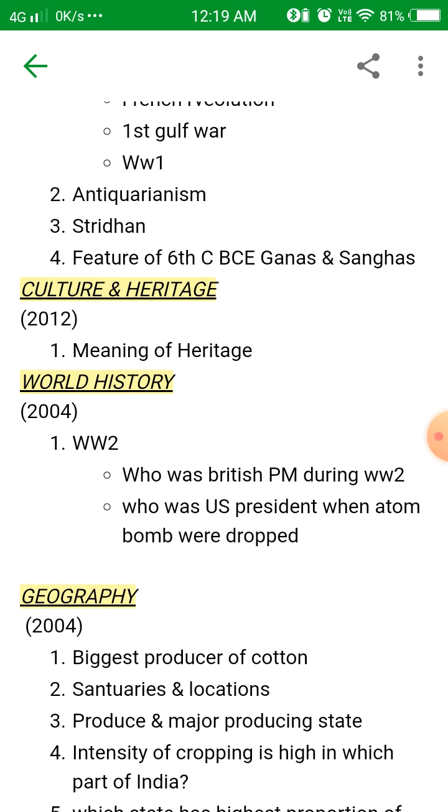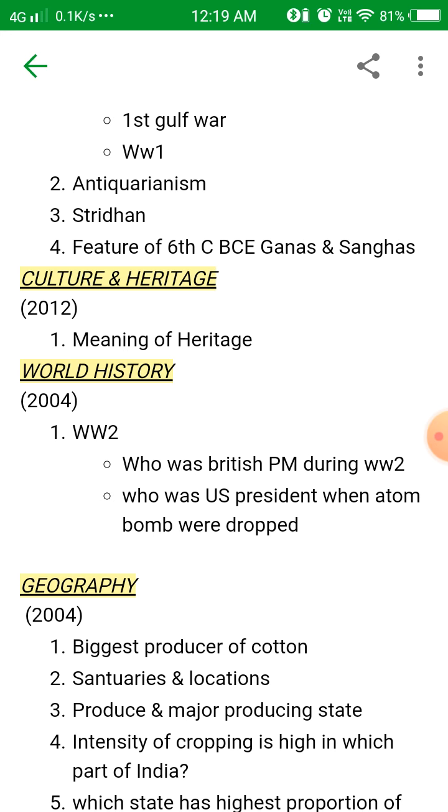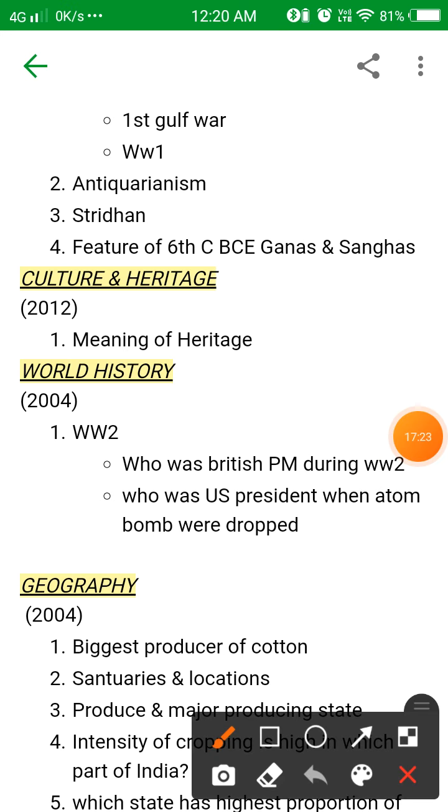Then moving on to culture and heritage. So culture and heritage, there were numerous questions, like questions asking what is the meaning of the heritage, and questions were also related to heritage sites as well.